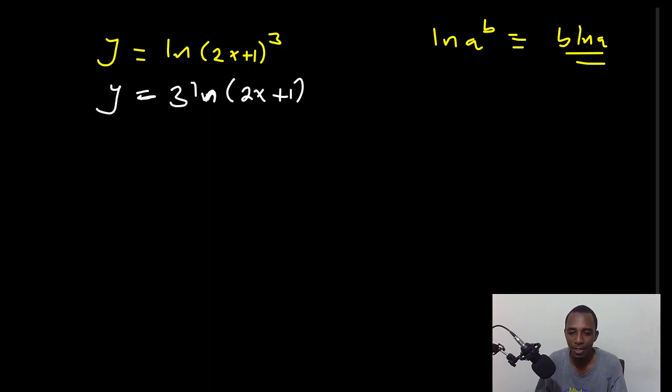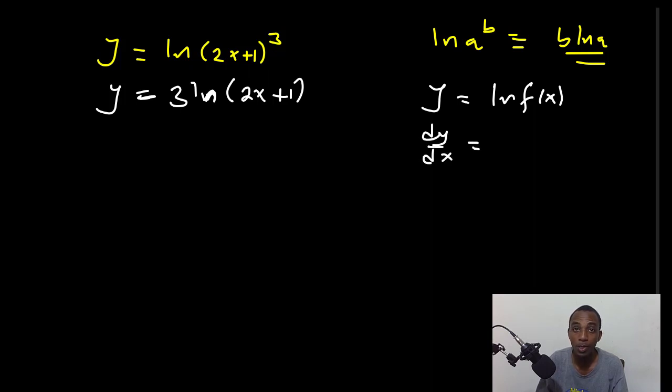And by the way, for starters, I should have mentioned, if you have y equals the natural log of some function of x, then the derivative of y with respect to x is given by the derivative of this function divided by the original function before taking the derivative. So let's do that here.